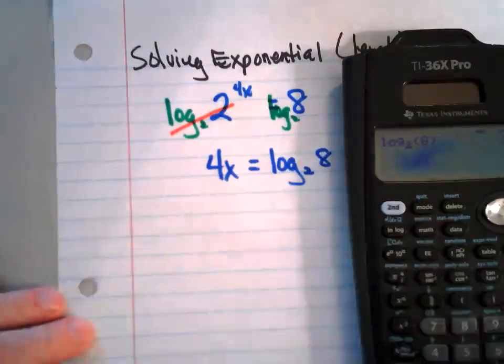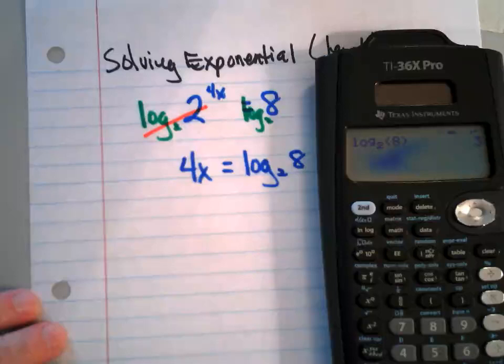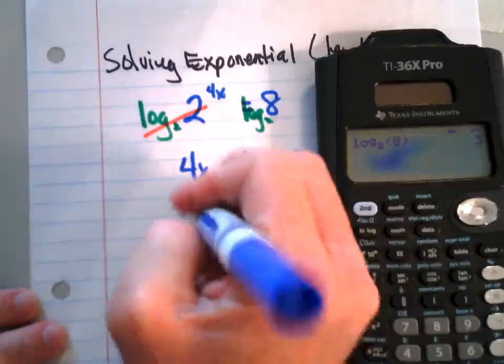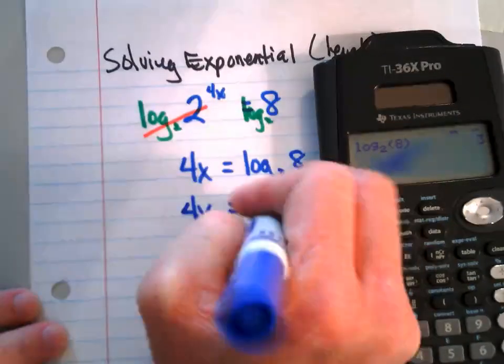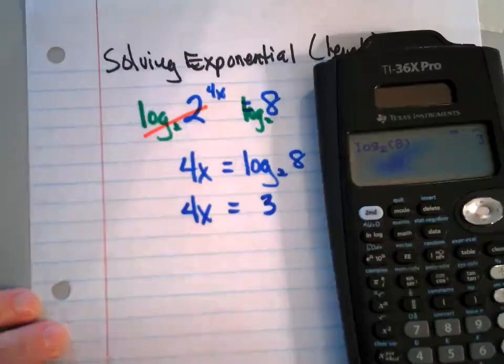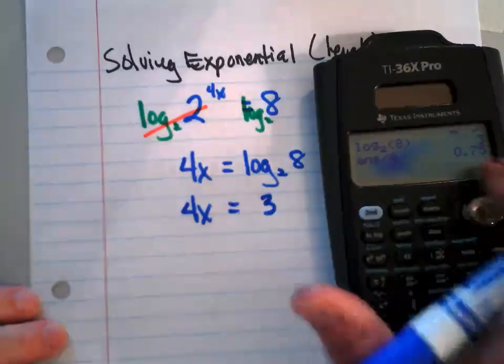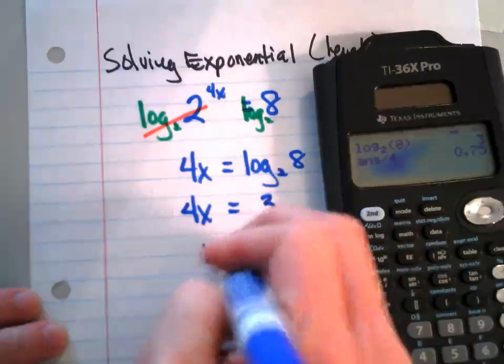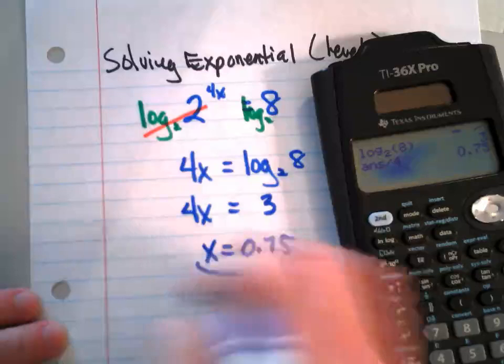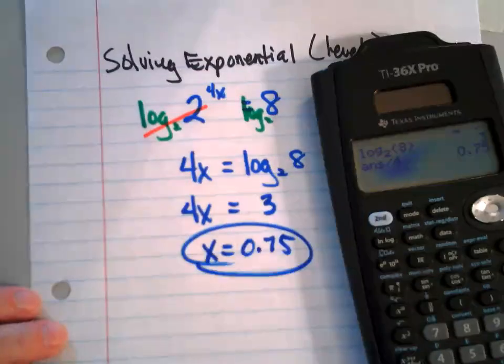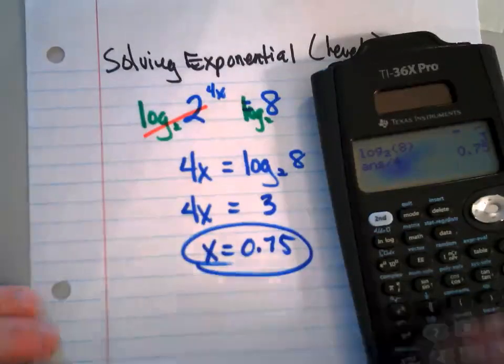That's 3. So 4x equals 3. We can divide by 4. We're going to divide by 4 because it wants it to the nearest hundredth. Hundredth is 2 decimal places. So x is going to equal 0.75. And that's our answer. That one seemed pretty simple. 2 more.